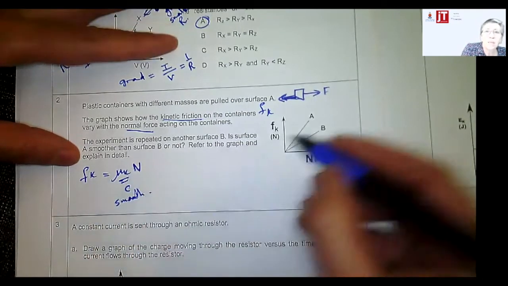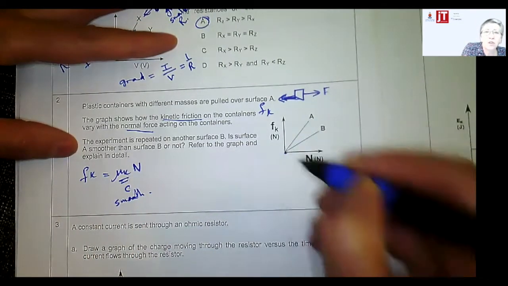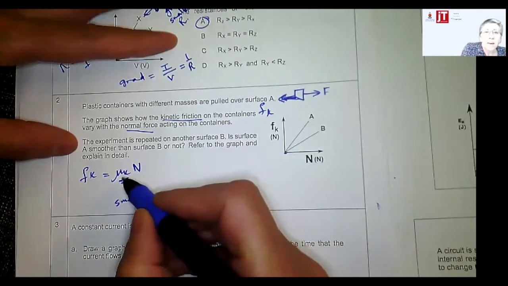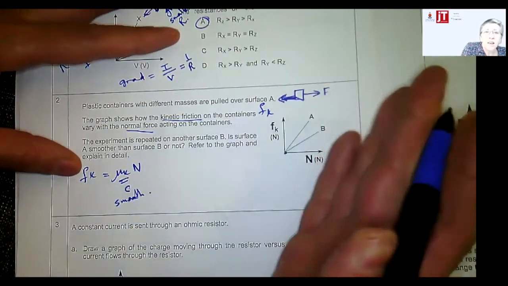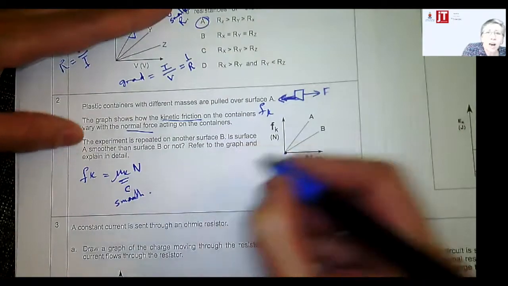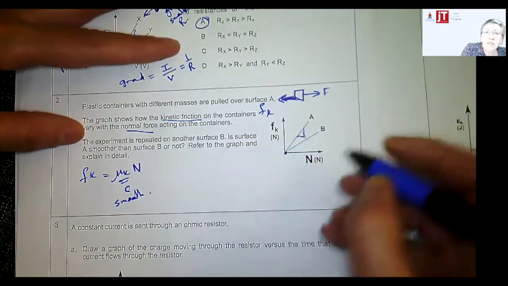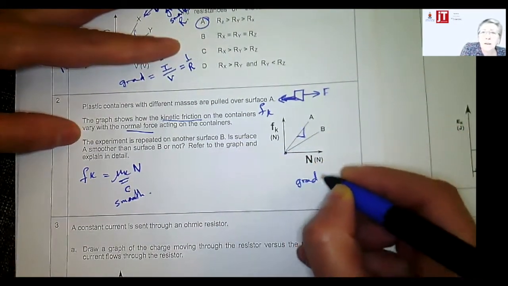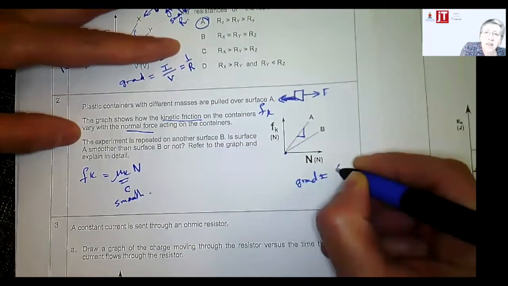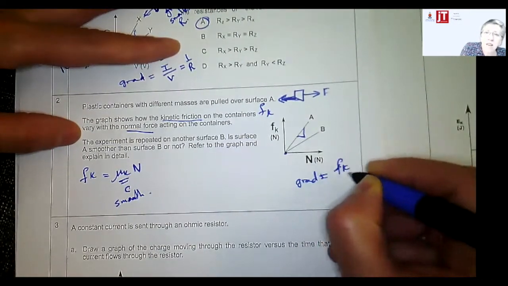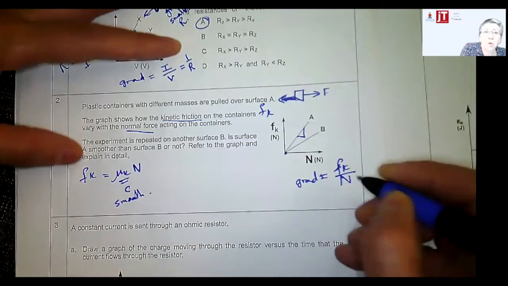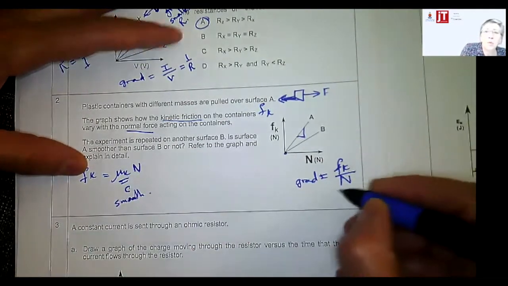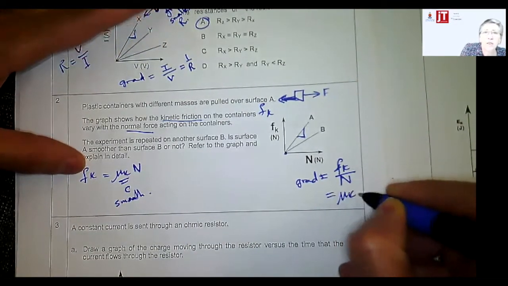They're directly proportional. So you get a straight line through the origin, but the bigger the mu, the bigger the gradient, because how do you work out the gradient over here? The gradient would be a change in Fk divided by normal, and Fk divided by normal, that will be mu k, right?